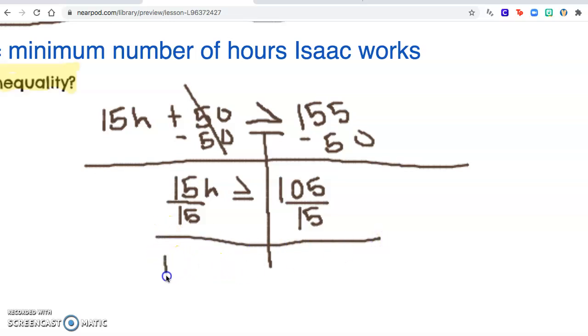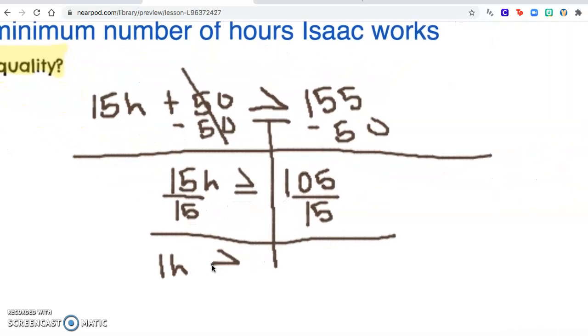And I get 7. This is $15 an hour. So it's greater than or equal to 7.